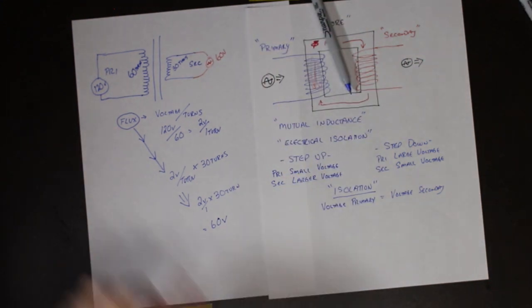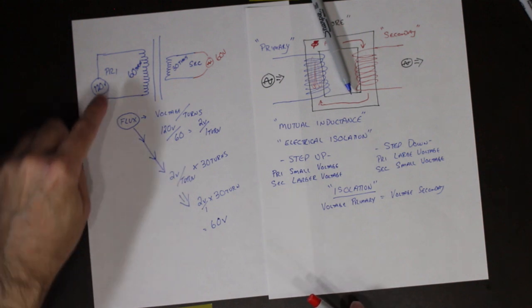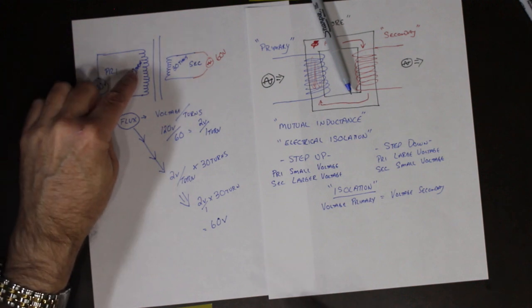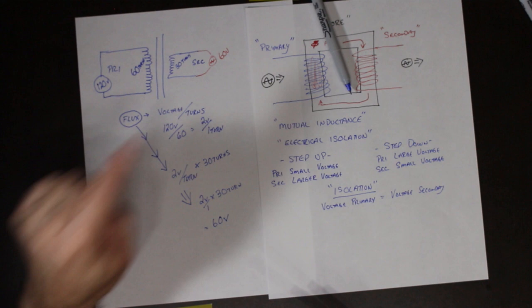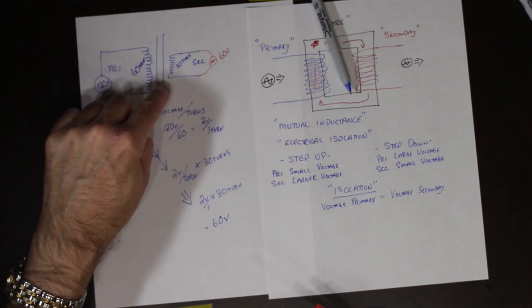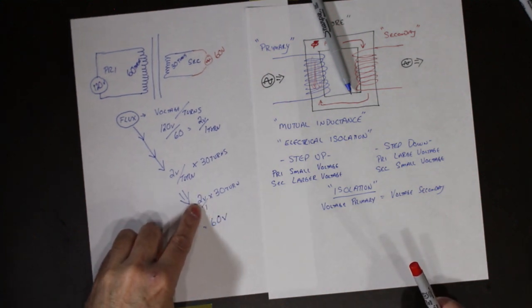So in this example, 120 volts of AC is going into the transformer through 60 turns. It creates a magnetic field based on this strength. That strength flowing through the other winding creates a voltage that is based on that strength.